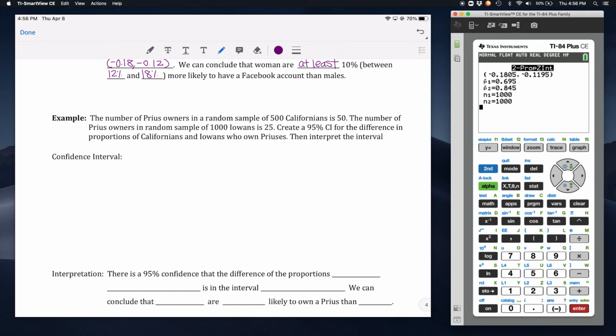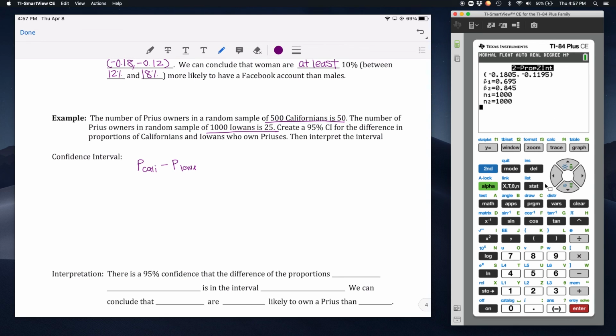Okay, let's do one more. The number of Prius owners in a random sample of 500 Californians is 50. The number of Prius owners in a random sample of 1,000 Iowans is 25. Create a 95% confidence interval for the difference in the proportion of Californians and Iowans that own Priuses. So here, the way that it's phrased, I'll probably do the proportion of California minus the proportion of Iowa.